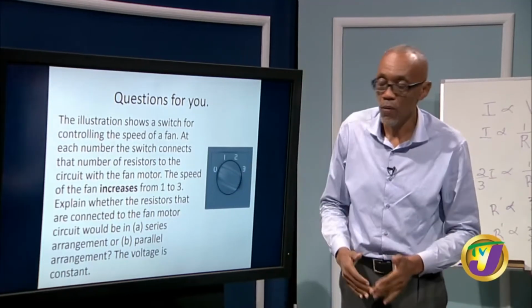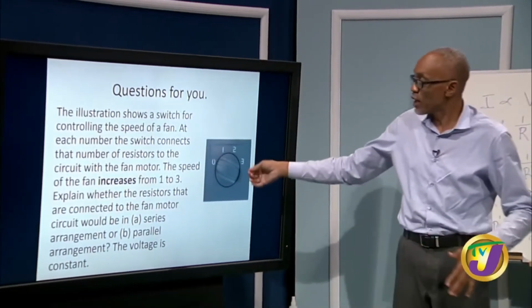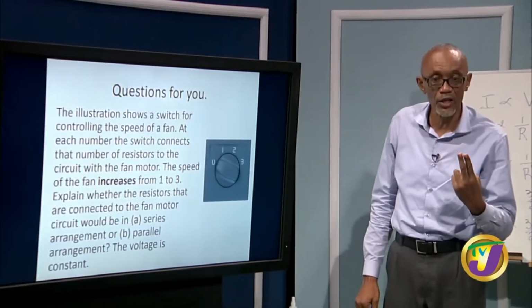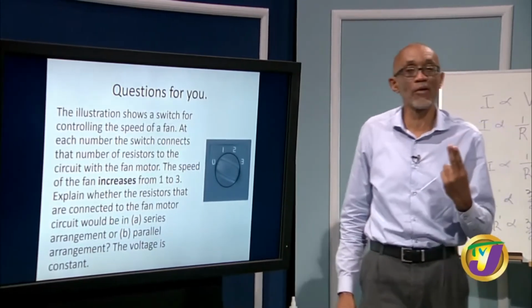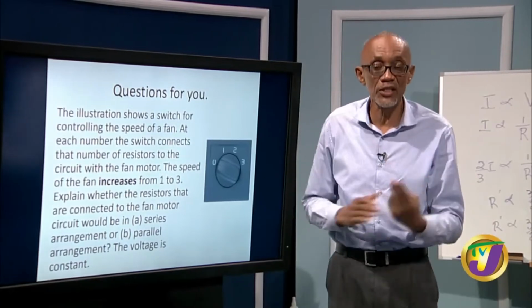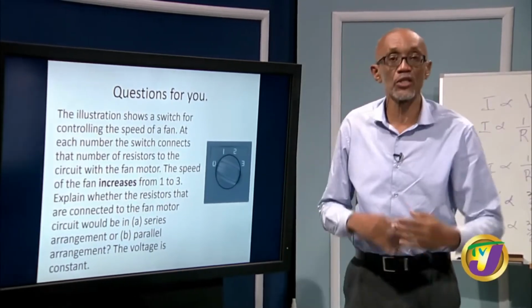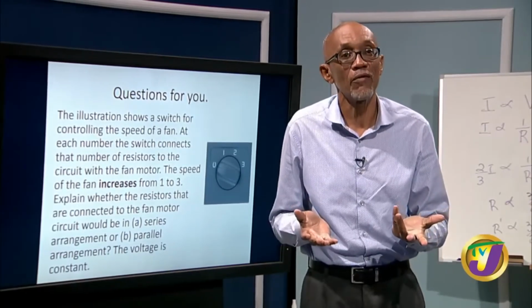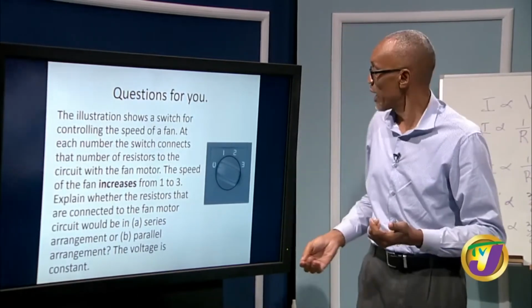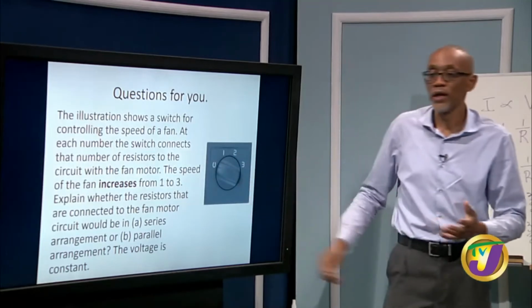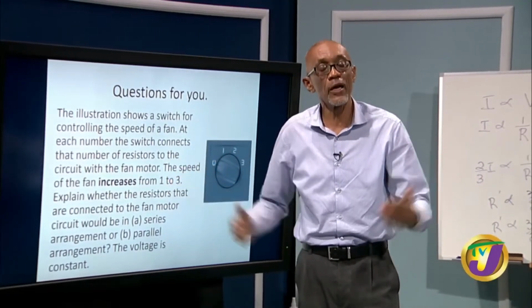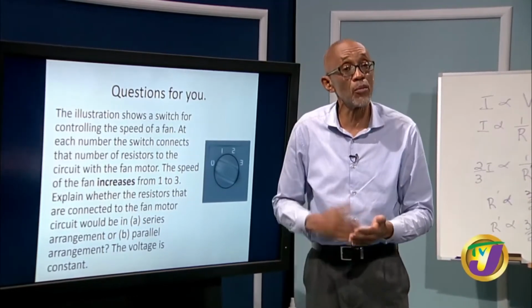drops. So if I click from 1 to 2 and the resistors are in parallel arrangement, the two resistors are in parallel, the current increases. We saw that in our demonstrations. If the current increases, the fan will begin to spin faster. When I click from 2 to 3 now, if I have those three resistors in series, then the current will reduce even more.